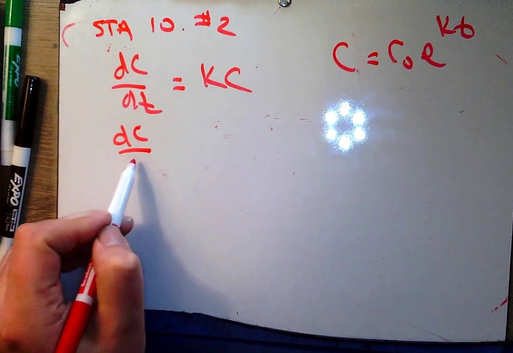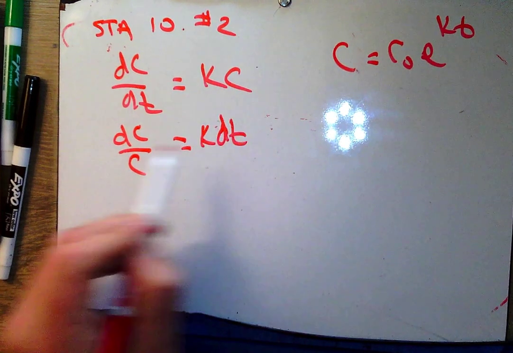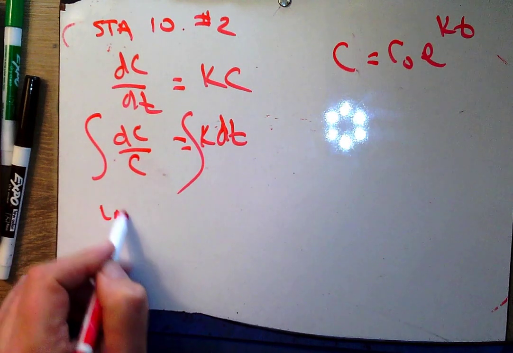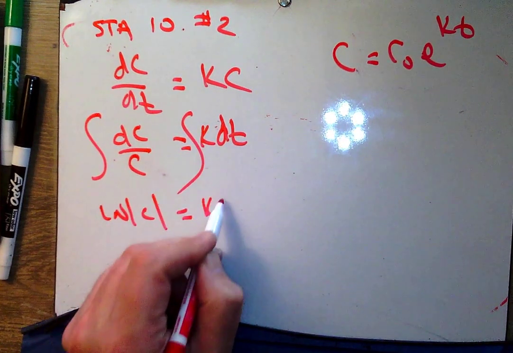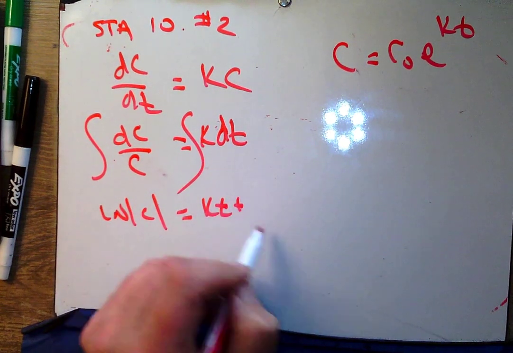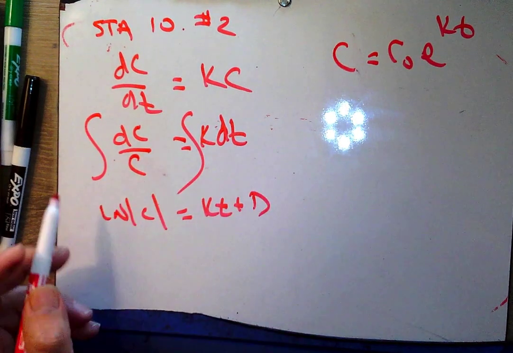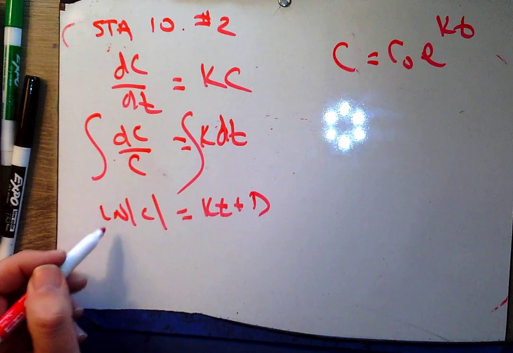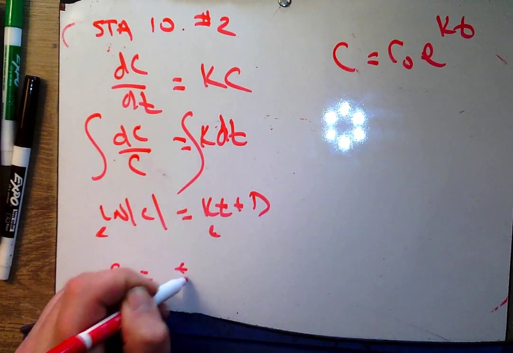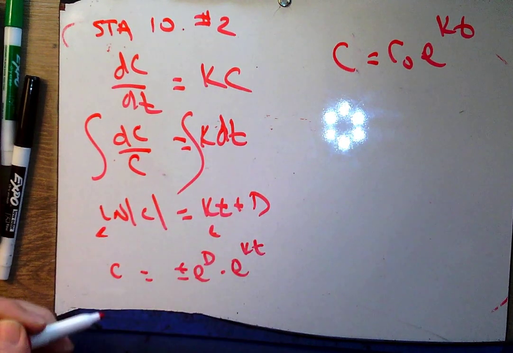Multiply both sides by dt. Also divide both sides by c. ln of c is kt plus d. Ooh, I don't like that. Too many variables in the soup. Okay. And then I'm going to do this exponentiating. And I'm going to have c equals plus or minus e to the d times e to the kt.